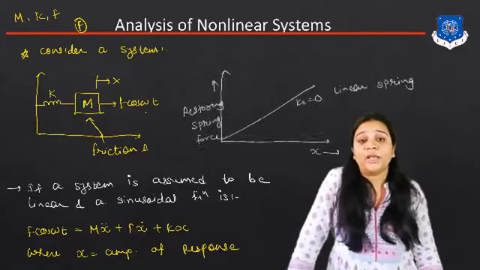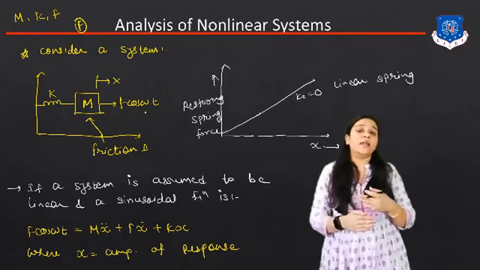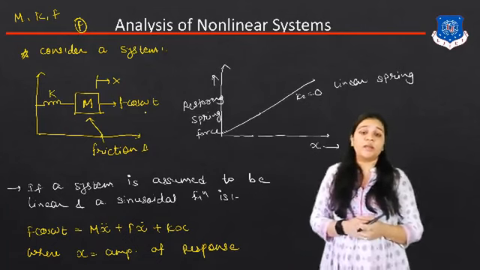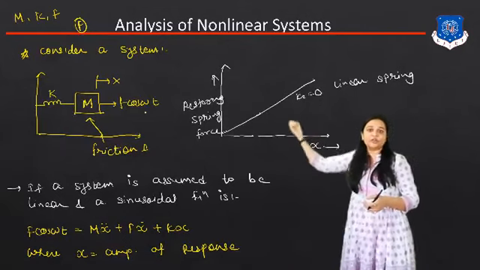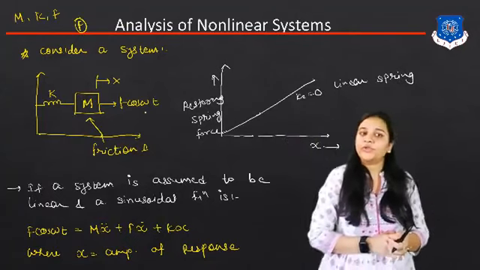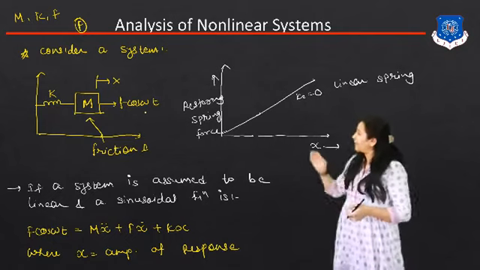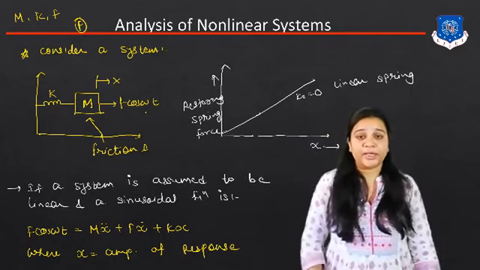Now we have to deal with different values of the spring and identify them. Here we draw the graph of x versus restoring spring force. When K2 is equal to 0, this type of spring is known as the linear spring.